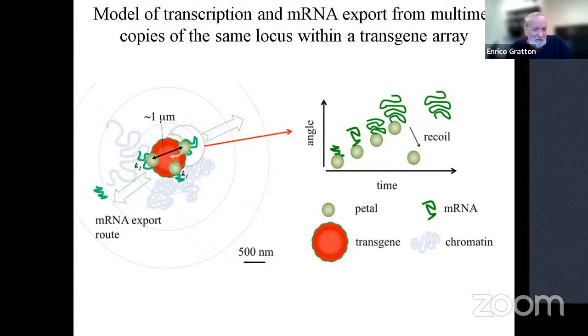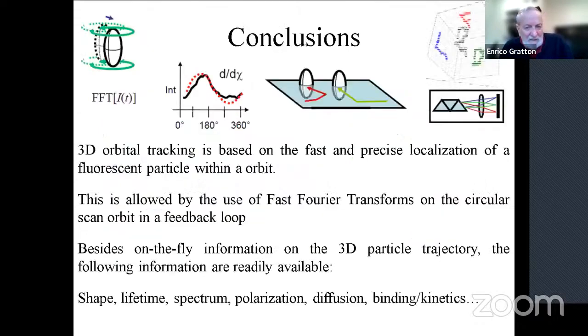For example, this MS2 can move in one direction, the other in another direction. To do that, we do a cross correlation between the color of the gene here and the orbit which is passing through. Can I have the next slide?